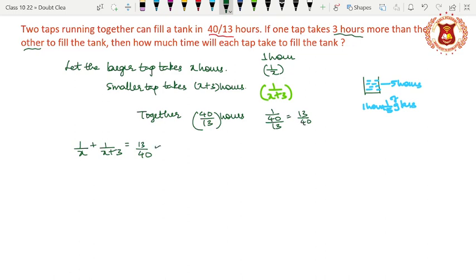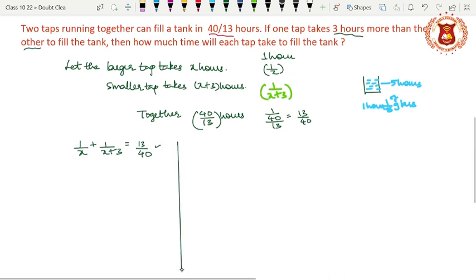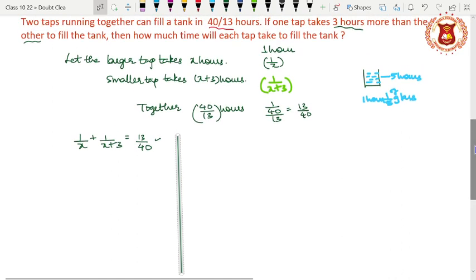Therefore this is the equation. It's a very simple equation, provided you know the solving trick. You have to remember, this is called the unitary method. Always use this trick and the problem will be solved within a few seconds. The equation is very easy to form.